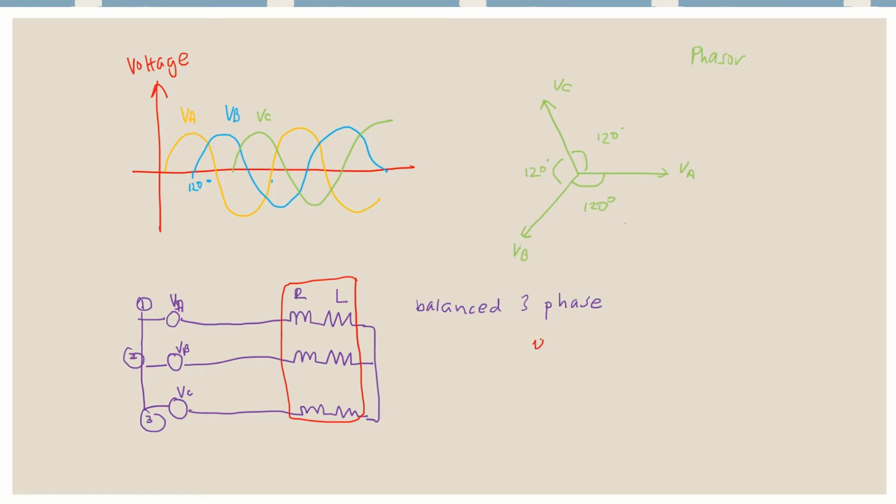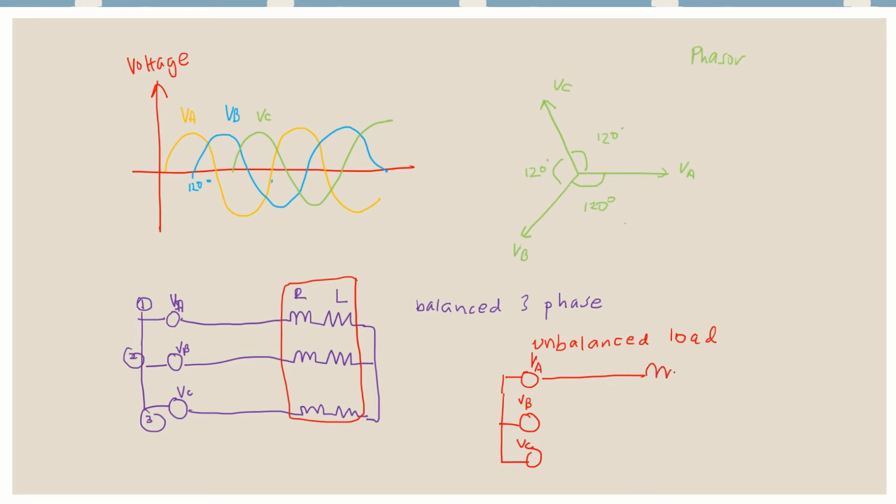What is unbalanced? Unbalanced load, we're going to have a look. So for example, this is again a three-phase system, again with VA, VB, and VC.